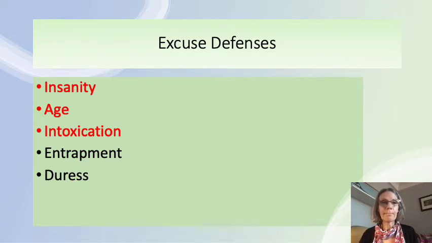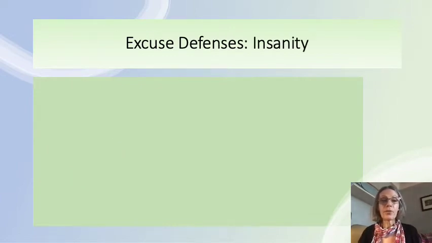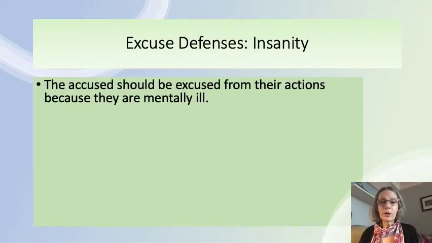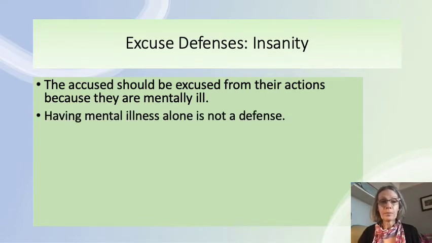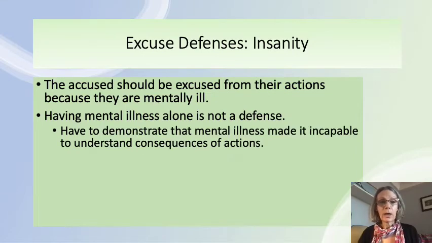So let's get started. Okay, let's start with our first excuse defense, which is insanity. When using this defense, the argument that the defense attorney makes is that the criminally accused should be excused from their actions because they are mentally ill. Now, having mental illness alone is not a defense. The defense attorney has to demonstrate that the mental illness made them incapable of understanding the consequences of the action.